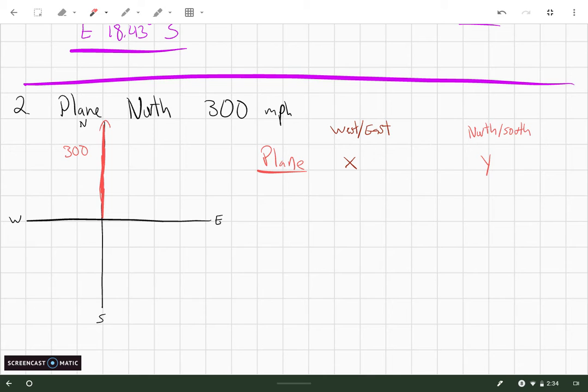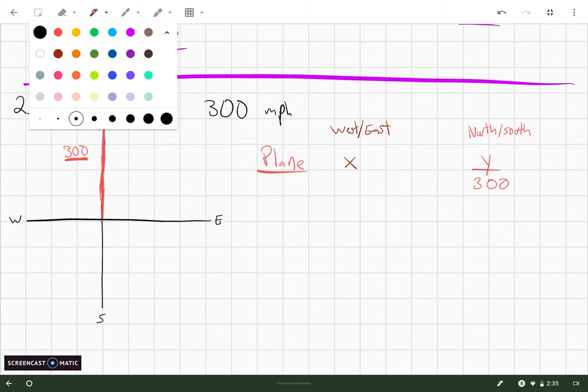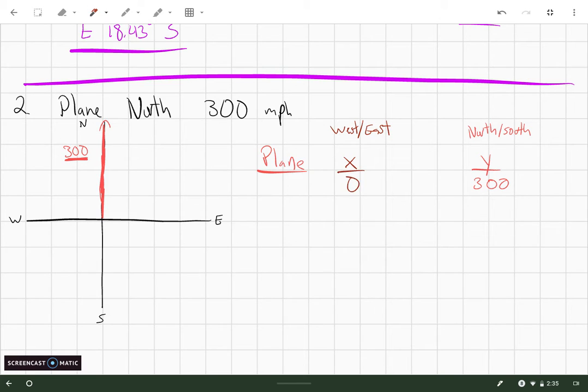The whole plane is only going north at 300, so the y-coordinate of the plane is going to be 300, and the x-coordinate is going to be 0, because it's not going any east or west. So there's our first vector.